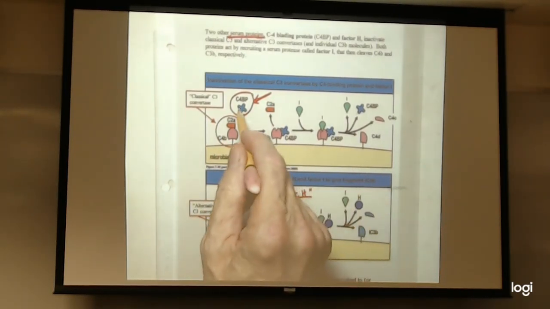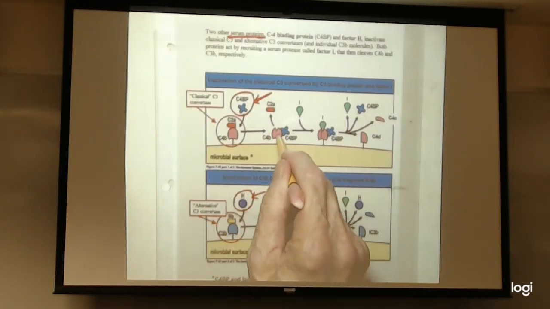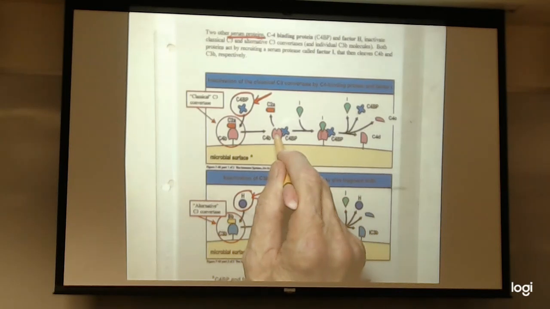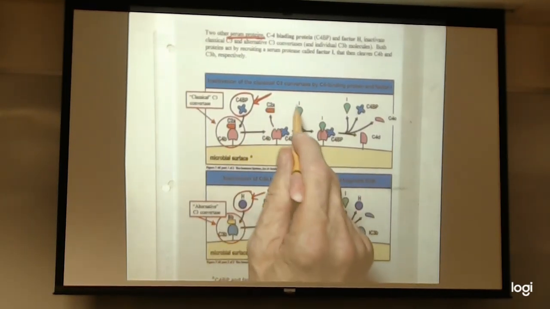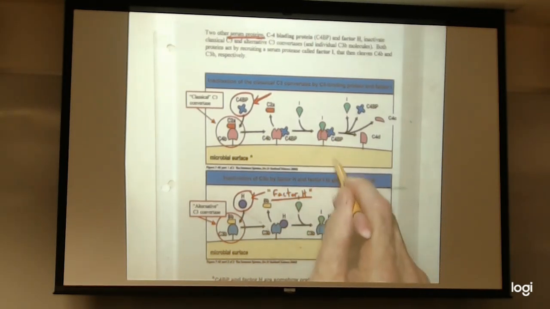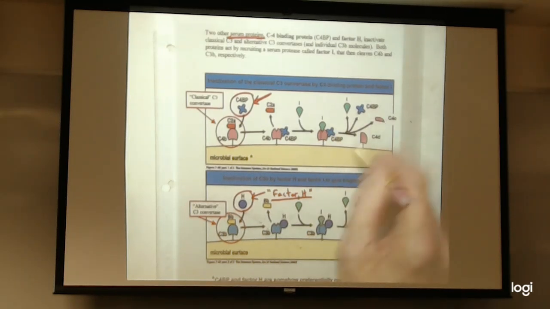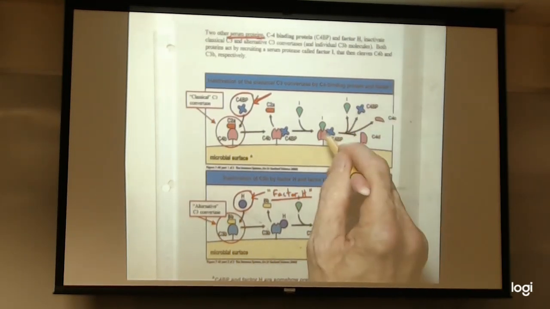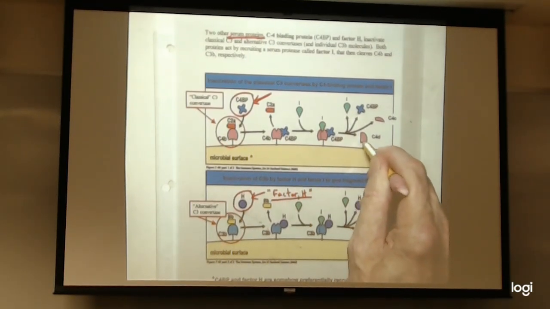But along comes C4 binding protein. It binds to C4 and makes a conformational change in C4, so it releases C2, and then factor I comes in here and it cleaves C4. So we release a big piece of C4, and we also release C4b and I, and we're left with a dead piece of just C4d here.